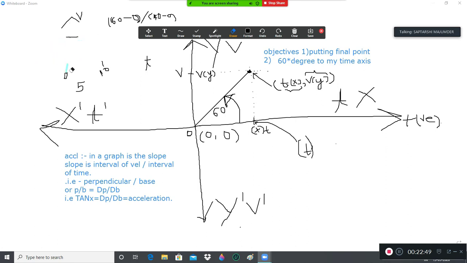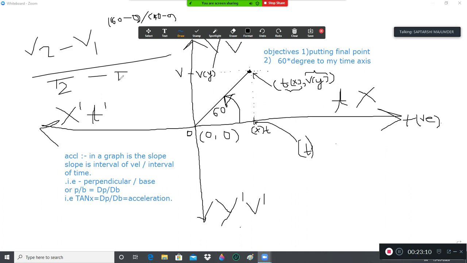Now let's come to the main concept. Slope is interval of velocity by interval of time. So we describe it as v2 minus v1 divided by t2 minus t1. v2 is a point on the graph, v1 is a point on the graph, t2 is a point on the graph, t1 is a point on the graph.